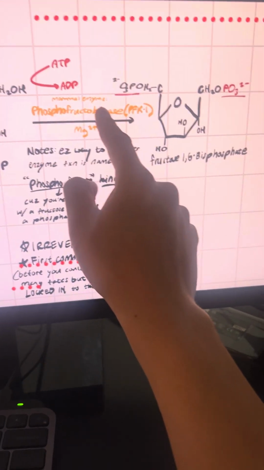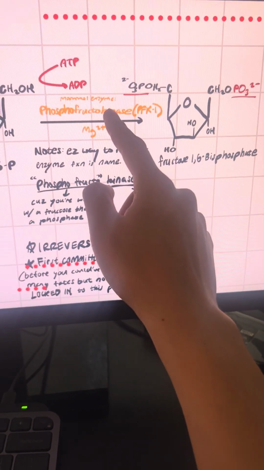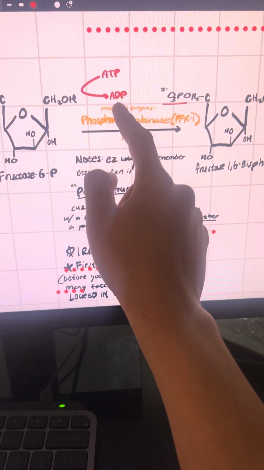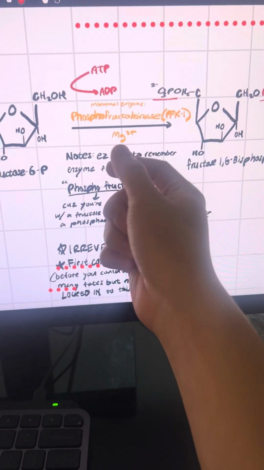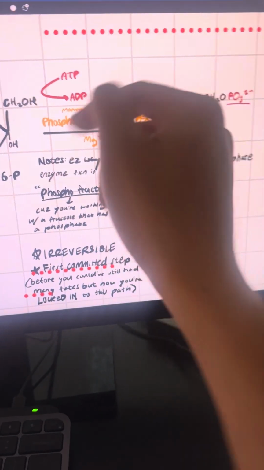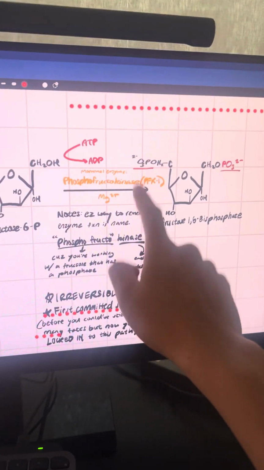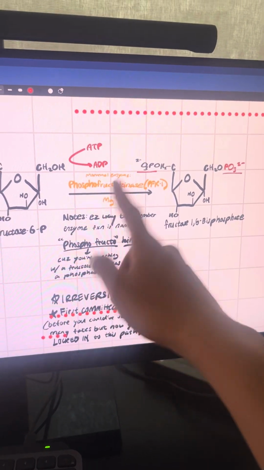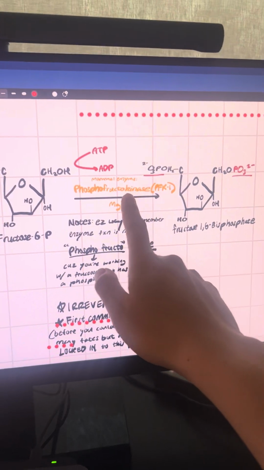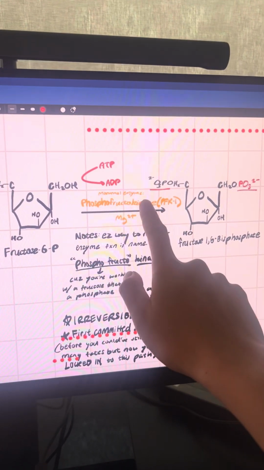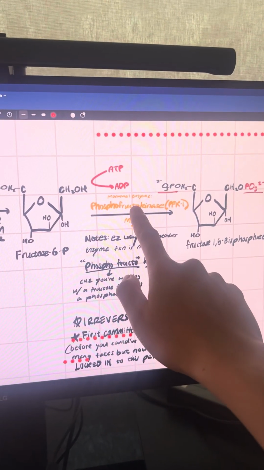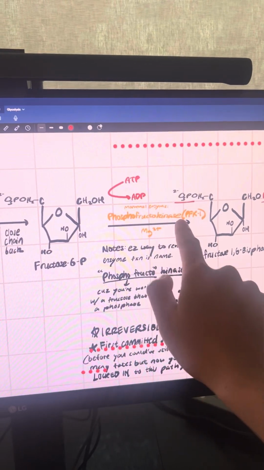Okay, and an easy way to remember what this enzyme does is by looking at the name. So we know kinase means what? It means to add a phosphate, right? Which we are, just like we did before with hexokinase. Now we're doing phosphofructokinase. So if you want to know how to understand the name of the enzymes and what they do, even if you can't memorize it, kinase means you're phosphorylating. The beginning of the enzyme's name is what you're phosphorylating.